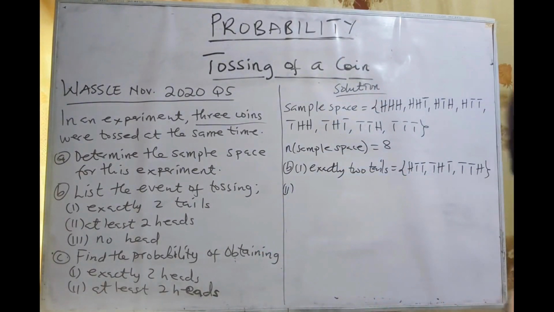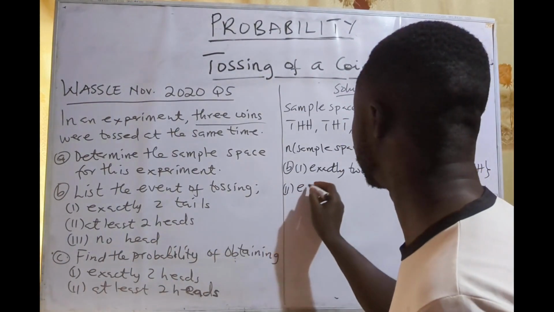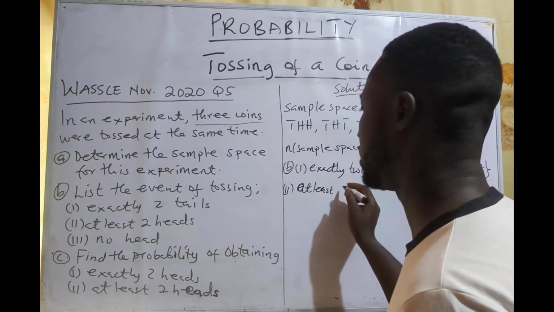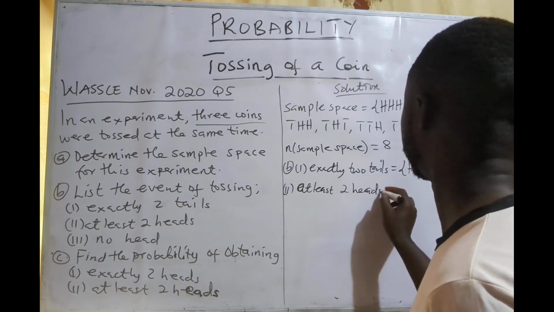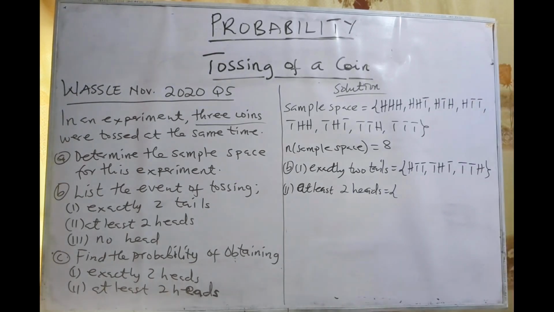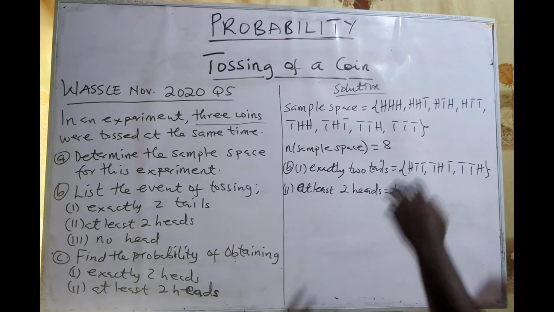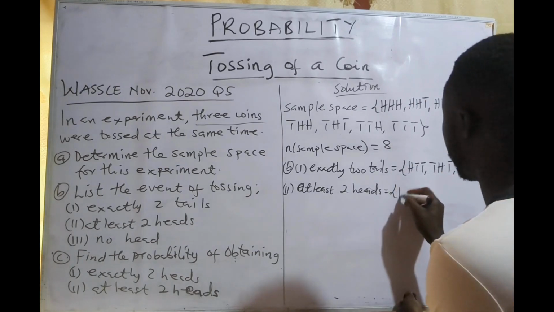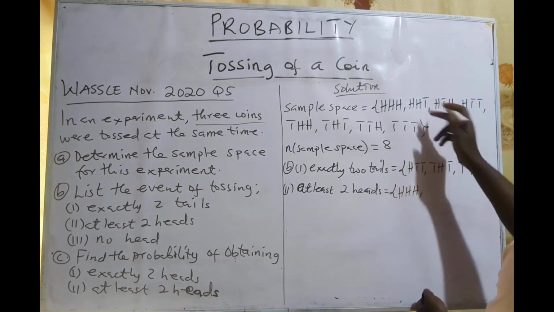The next one is what? We have at least 2 heads. At least 2 heads means 2 heads or more. So since the coin was tossed 3 times, it means 2 heads or it can be 3 heads. So we have head, head, head. It's also at least 2.